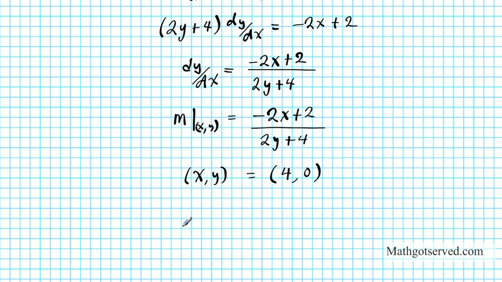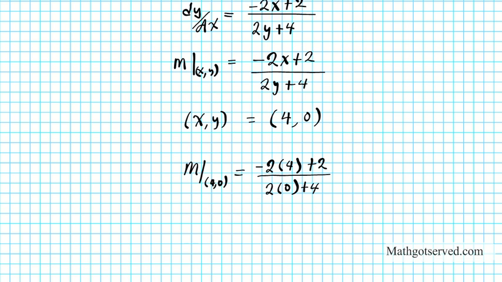We're going to evaluate the slope at the point (4, 0), substituting 4 for the x's and 0 for the y's in this slope formula. So we have negative 2 times 4 plus 2, divided by 2 times 0 plus 4. What did I just do here? I just substituted 4 for x and 0 for y in this function that I derived by differentiation.